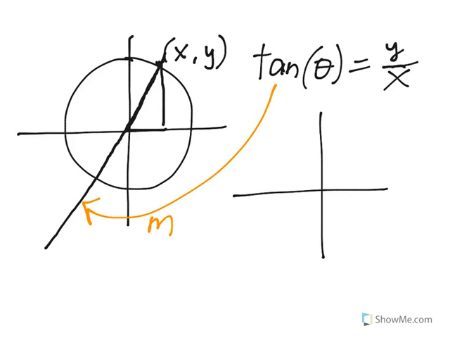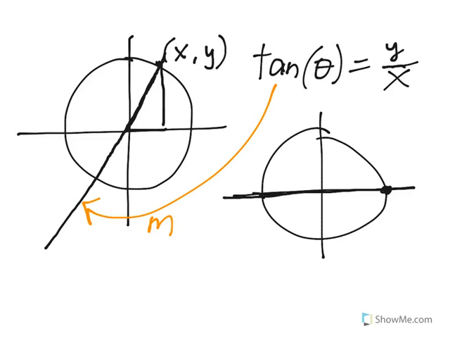Tangent theta is 0 as long as you land at any multiple of pi. And of course it's undefined at pi over 2, 3 pi over 2, 5 pi over 2, negative 7 pi over 2, just pretty much any way you can get there or there, it's undefined.